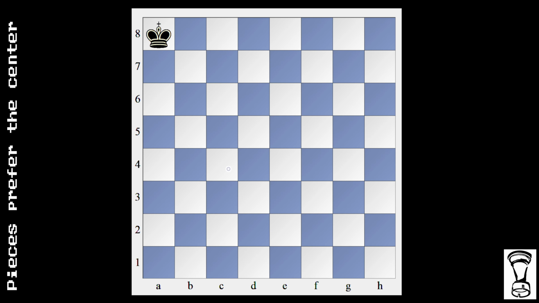Let's replace the king with a knight. Now this knight, how many squares can it choose to move to? We have 8. This is in the center on an open board.